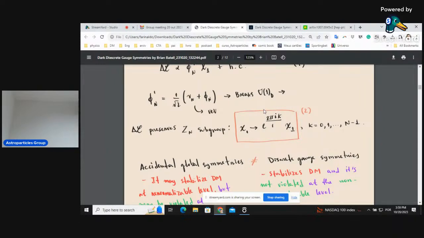It's related to manifold systems, but that's okay. But anyway, if I break my symmetry, at the end of the day the particles will be assigned a charge under this gauge symmetry. Then we have, for example, the charge of the electron is -1, the charge of the proton is +1, etc.